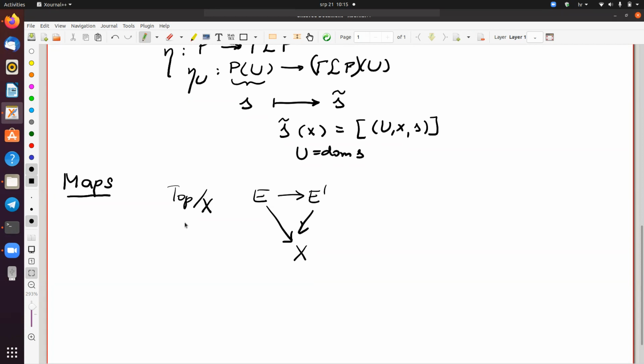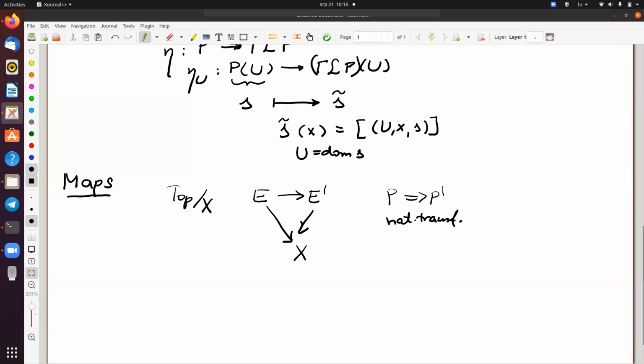So this is this category, and in the case of pre-sheaves, P to P prime is a natural transformation.